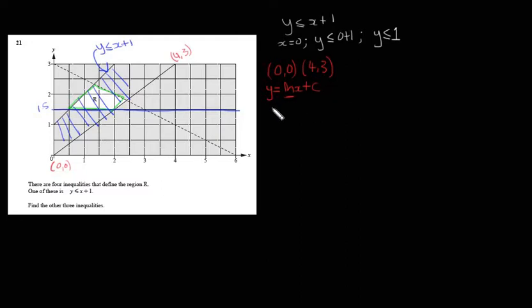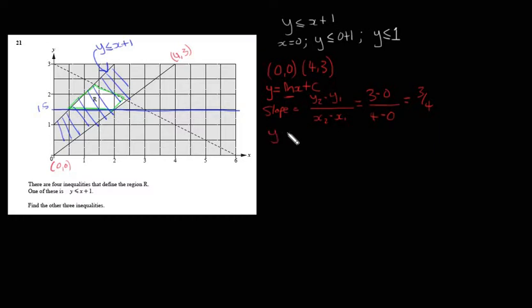We all know that slope of a line is equal to y2 minus y1 over x2 minus x1. We go to our y2, which is 3, minus y1, which is 0. So we go 3 minus 0 divided by x2, which is 4, minus x1, which is 0, and we get 3 over 4. So our slope is 3 over 4.